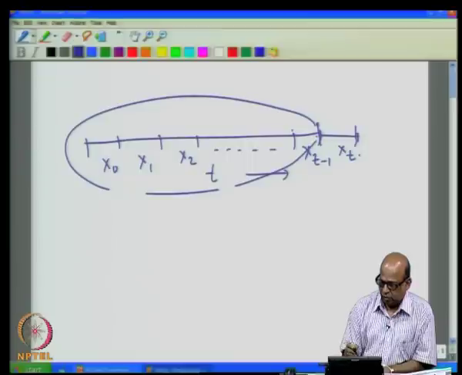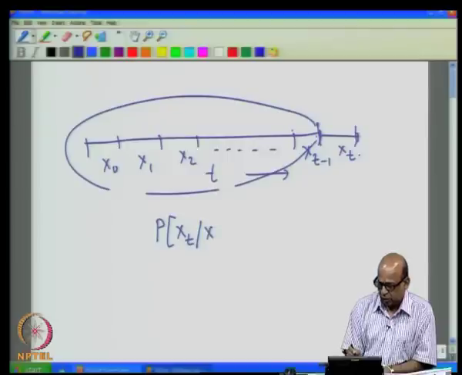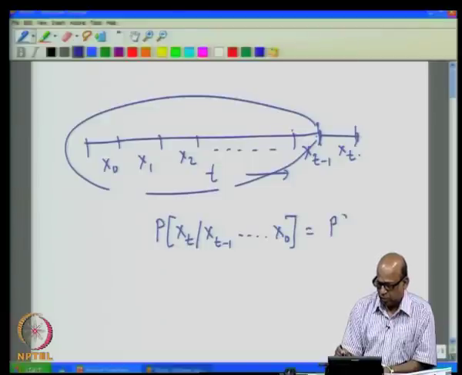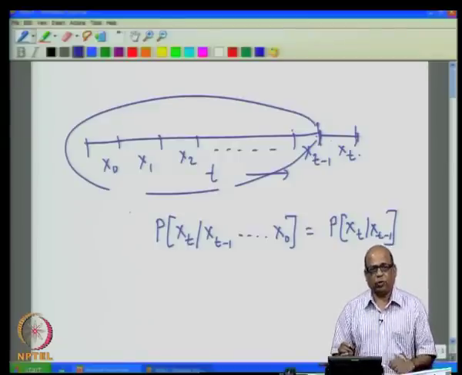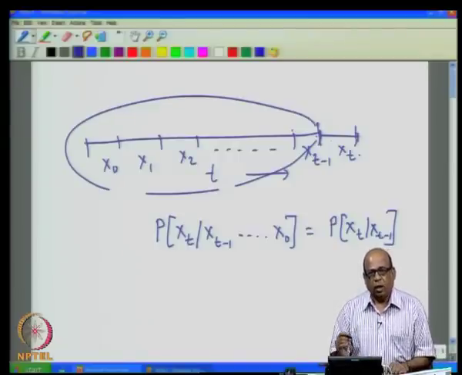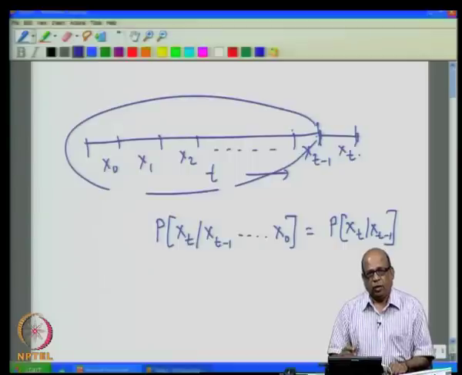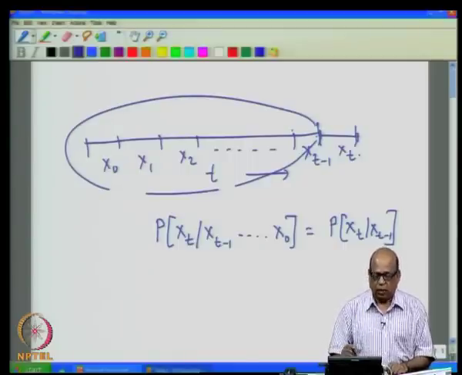Now, if we can write it as probability of x t given x t minus 1 etcetera x naught, if this can be written as simply probability of x t given x t minus 1, then this constitutes a Markov chain. And in hydrology, there are a large number of applications of the Markov chains.